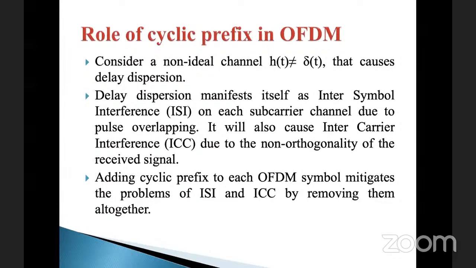To avoid the intersymbol interference, not the intercarrier interference, we use a cyclic prefix. We use some amount of cyclic prefix, that is what we are transmitting exactly at the beginning of your frame. Also, we'll add some content at the end of the frame.